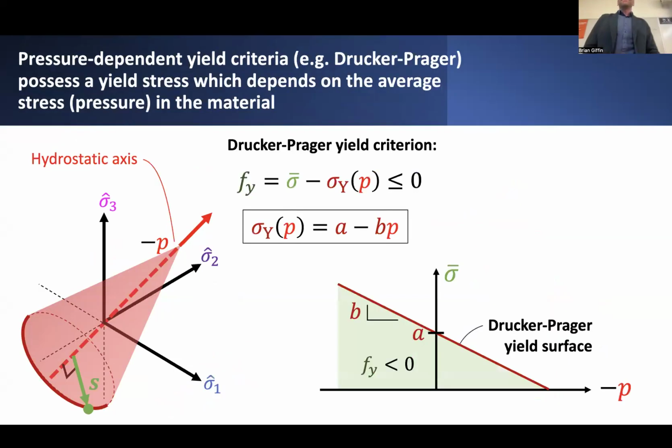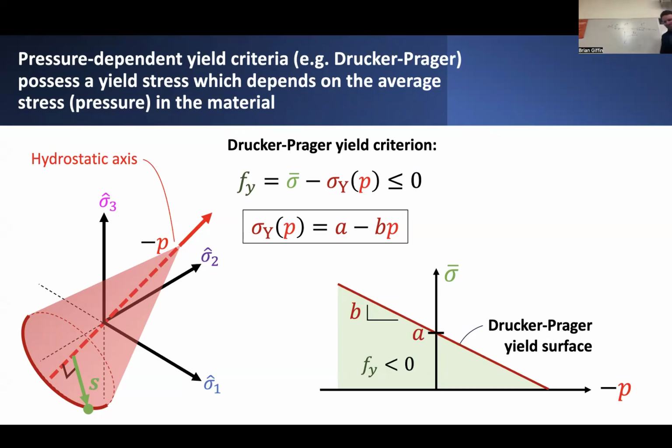All right, some other interesting details that I'll throw at you are pressure-dependent materials. And this is more typical of materials like granular media, soils, to a certain extent, concrete even. Certain materials like that will also undergo permanent deformations and plasticity. However, they will undergo plasticity at different times depending on how much pressure is in the material.